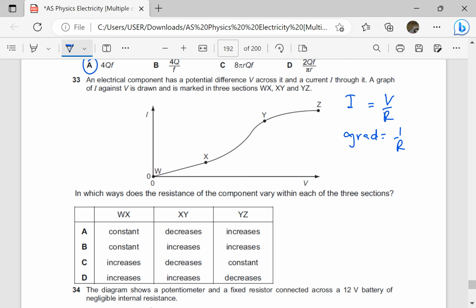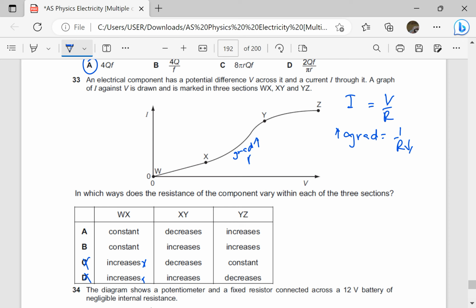So WX, in which way does the resistance of the component vary? WX resistance is constant, so we eliminate increases. C and D are out. Then XY, you notice that the gradient here increases, so it means the resistance here decreases, because they are inversely proportional.